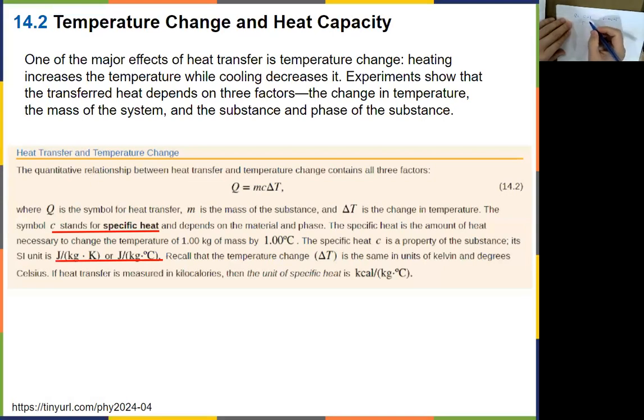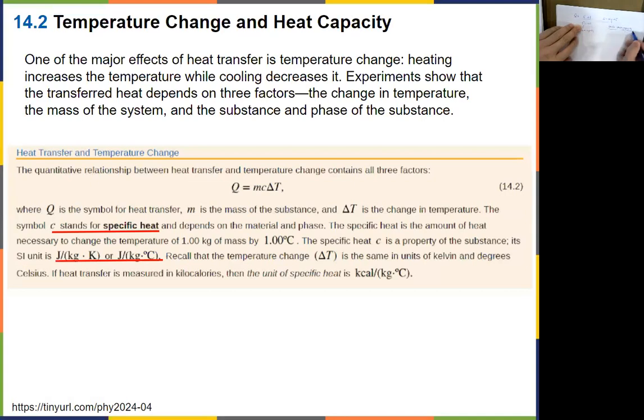Then capital C is called the heat capacity, while in this case, small c is called the specific heat capacity. The relationship between the two is that small c equals capital C divided by mass. So that's heat capacity per kilogram.